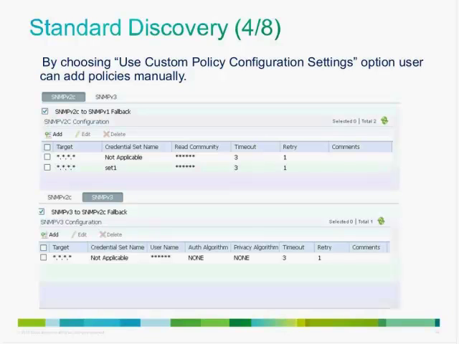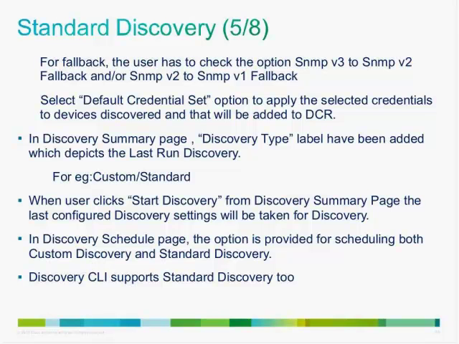Standard discovery would also include adding the SNMP community string. The SNMP community string is most important because all the communication with the devices would happen using SNMP, be it checking the routing table, the LLDP information, or CDP. There is also a fallback option from SNMP v3 to v2.